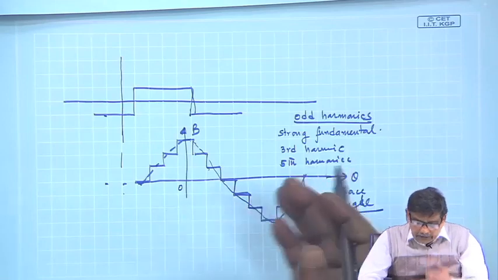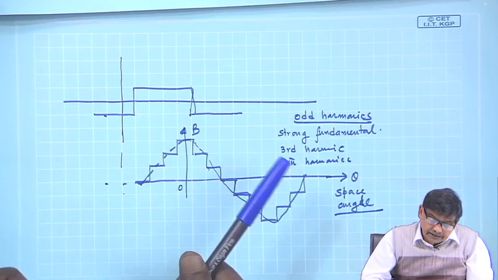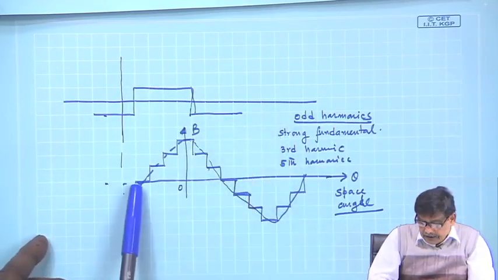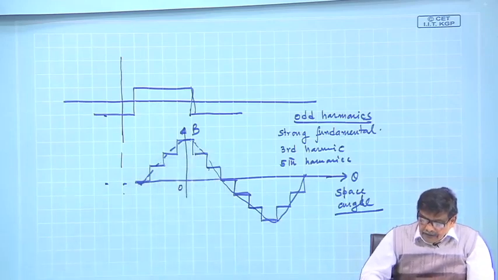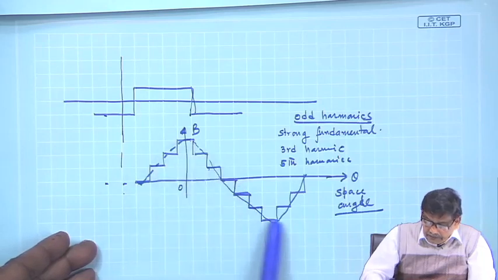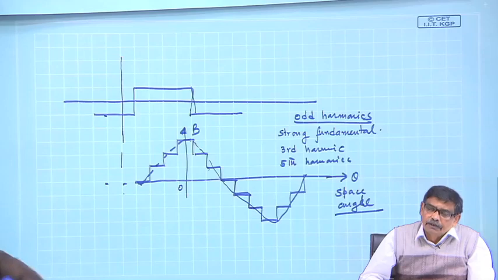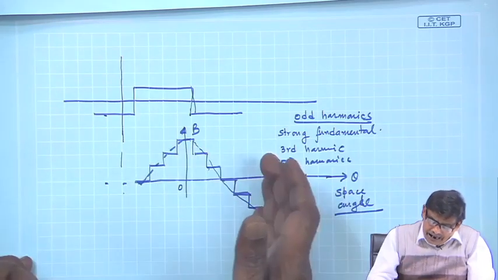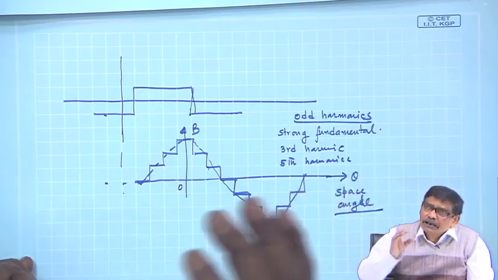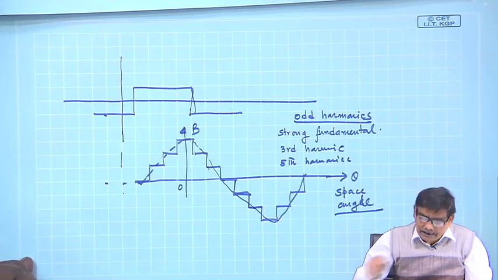Then we argue that okay, this waveform is not sinusoidal, but certainly better than the earlier proposition where a single coil was used, because it looks more like a sine wave, which mathematically means that the strong fundamental of this one is really strong, and third, fifth, seventh, ninth harmonics will nonetheless have reduced and reduced amplitude, they can be neglected.